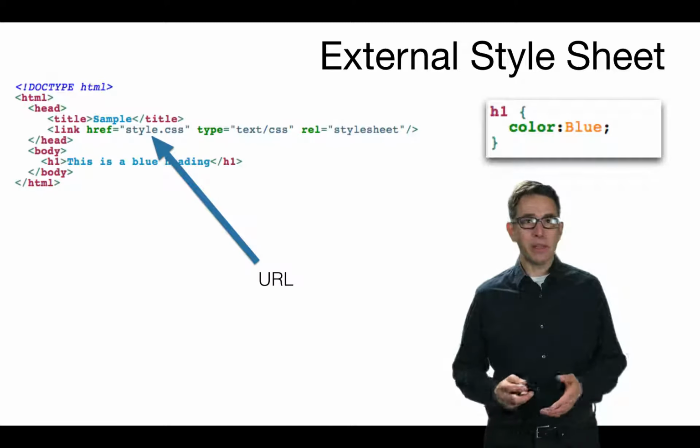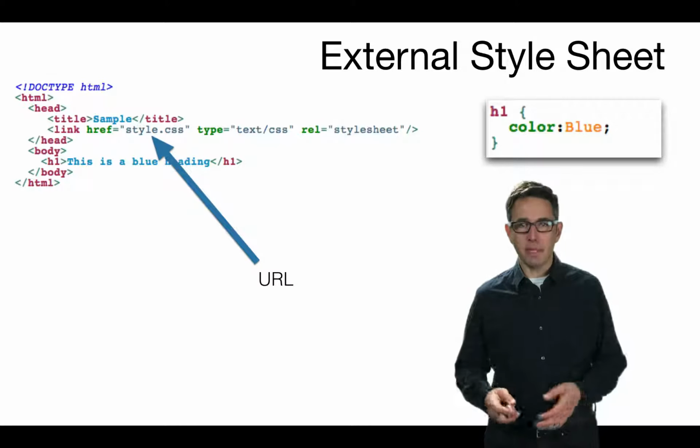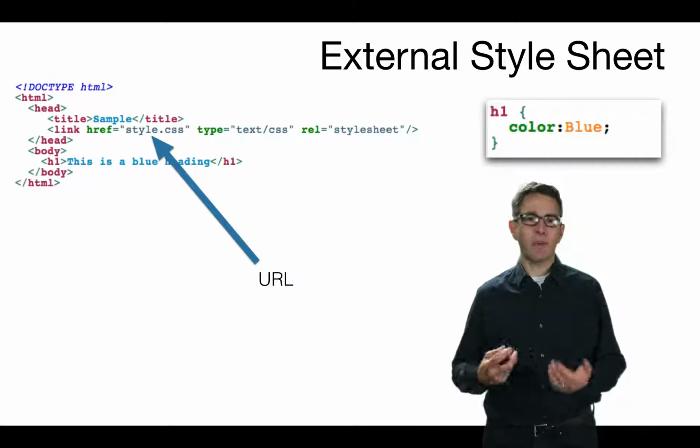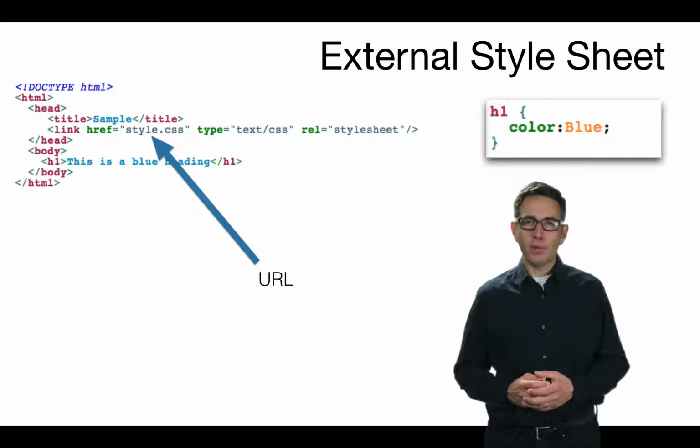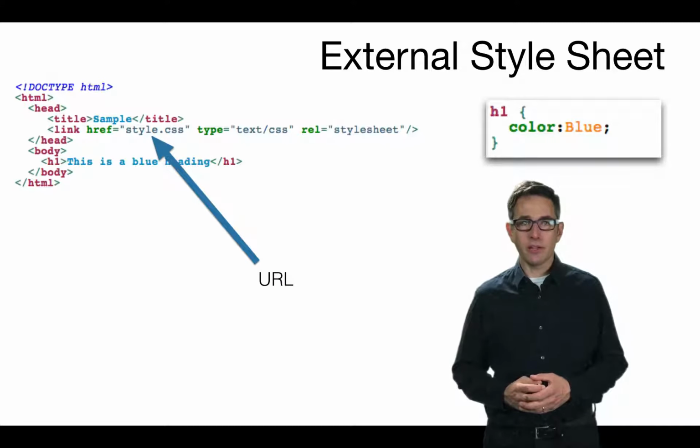So this could be a complete URL, as we've seen before, http://hostname, file name, etc. If we don't put all of that information into the URL, what the browser assumes is that we're using the same information in the URL for the HTML document in which this command is embedded.